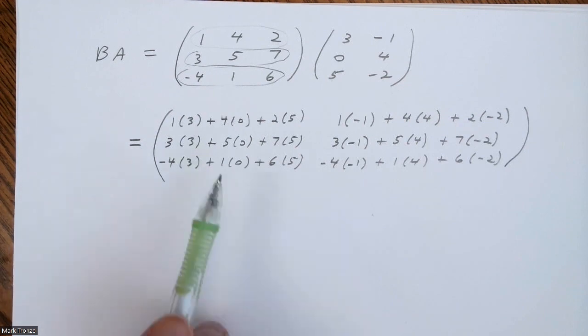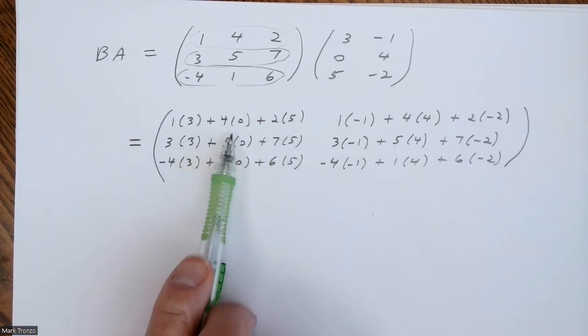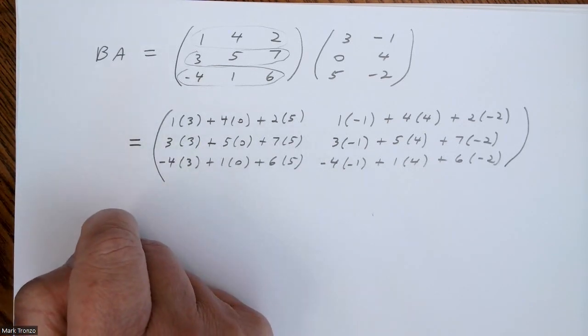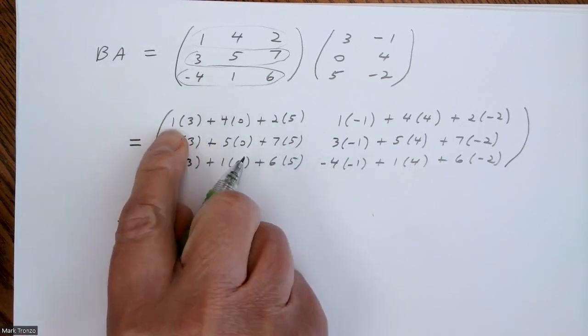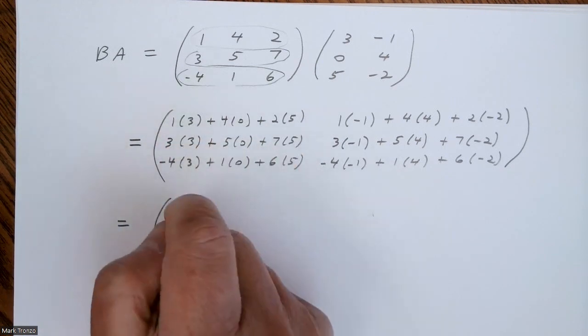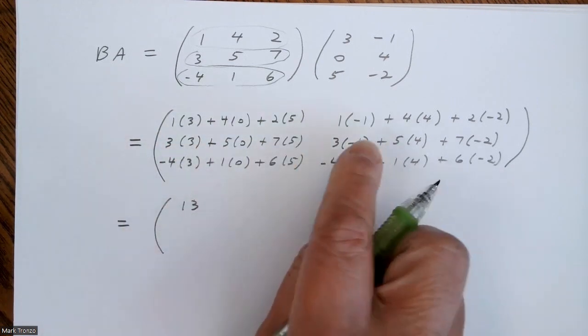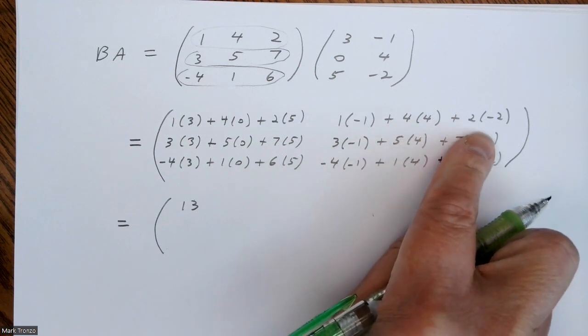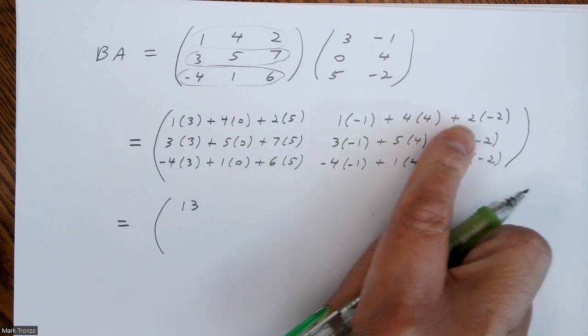So now we'll go ahead and add up these totals here for each entry. So here we have 3, 0, 10, 13. Over here we have 16 minus 4 would be 12.